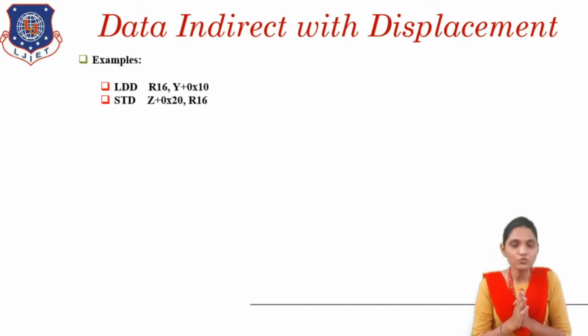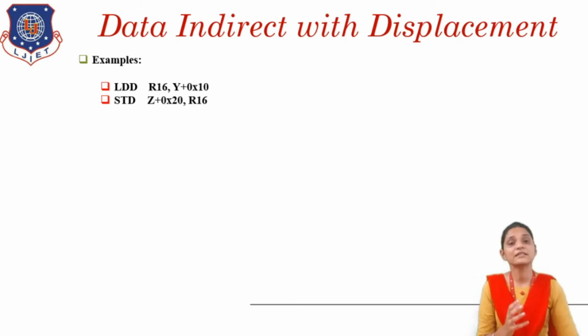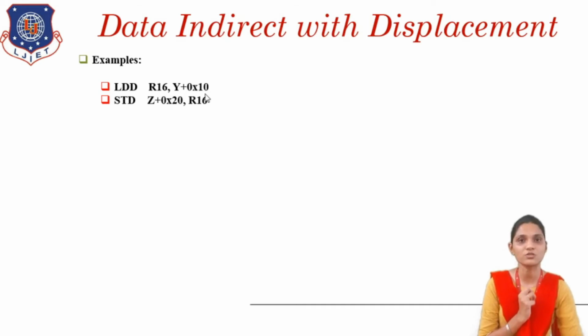Okay, if I want to access the data from the location which is relative to the address that you have stored inside the Y register, then I can use an instruction like LDD R16, Y plus 10.